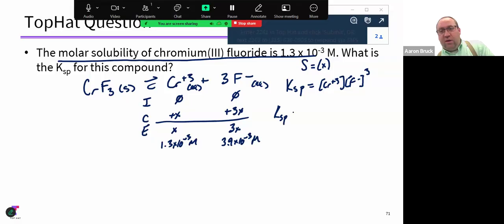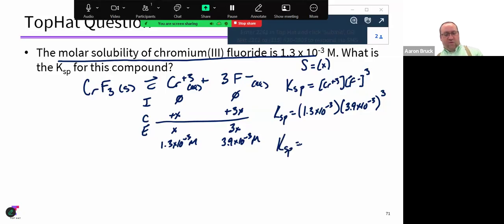So in this particular case, we didn't have to cube 3x and get 27x cubed or anything like that. We have the values. So 1.3 times 10 to the negative third for chromium and 3.9 times 10 to the negative third for fluorine. We just got to remember to cube that.